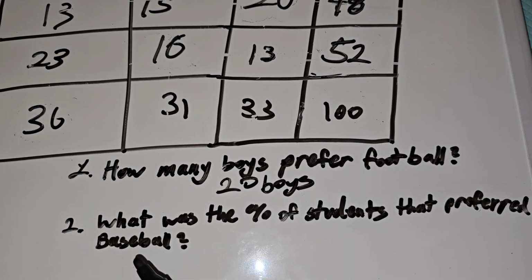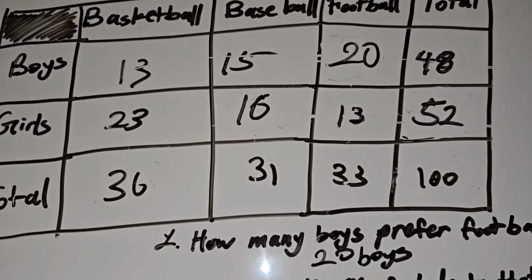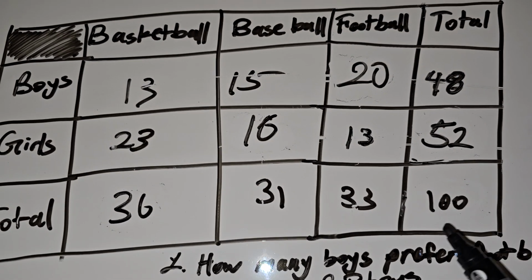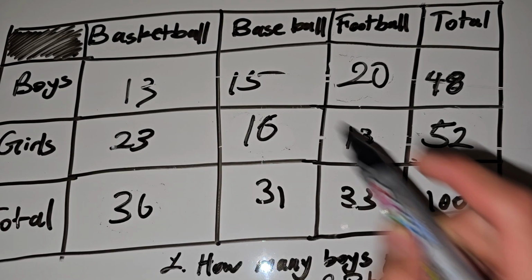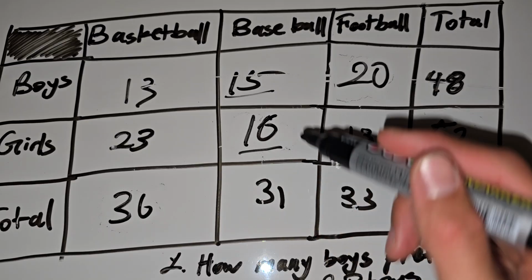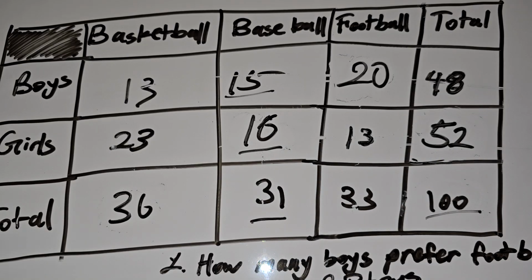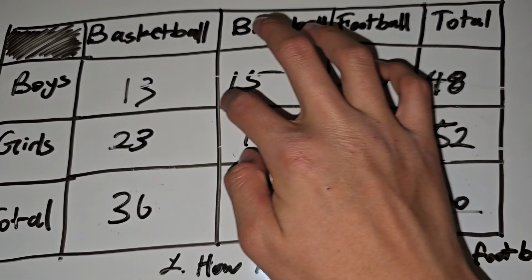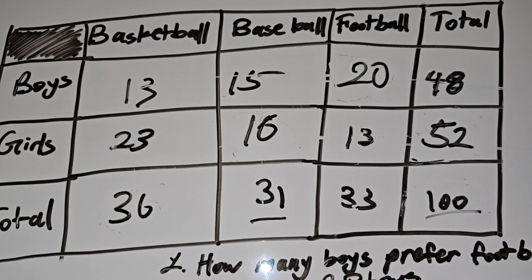And then our second problem is, what was the percent of students that preferred baseball? If we see here, we've got a total of 100 students, and then we have 15 boys and 16 girls that prefer baseball. So 31 total students that prefer baseball.